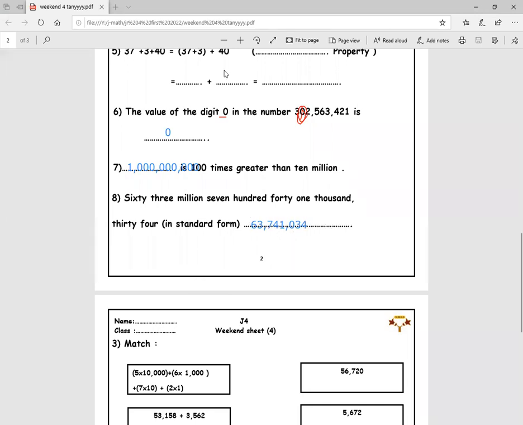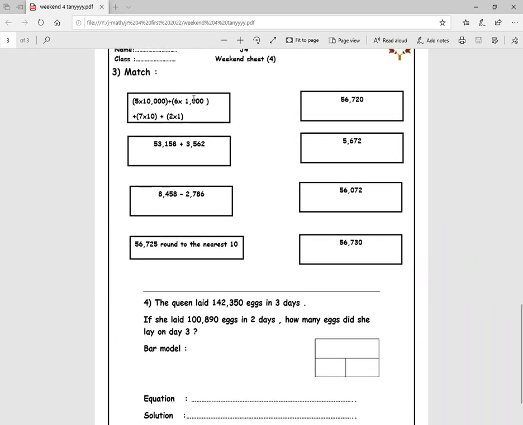Let's go to the last page. Let's see. Match. 5 times 10,000 plus 6 times 1,000 plus 7 times 10 plus 2 times 1. Let's match it with which of these? 5 times 10,000 would be 50,000. 6 times 1,000 would be in the thousands.